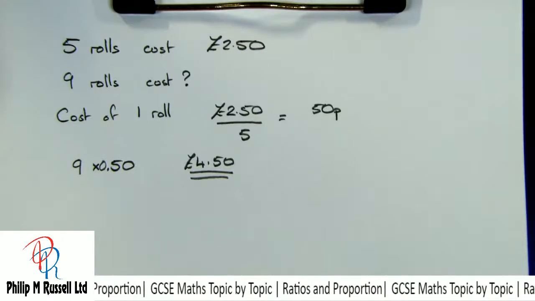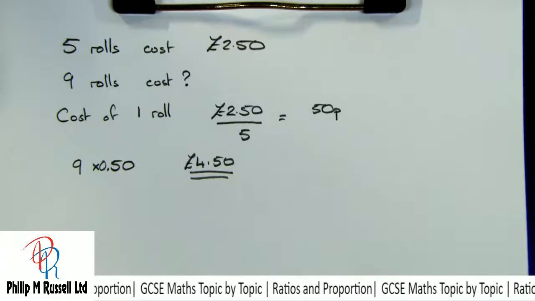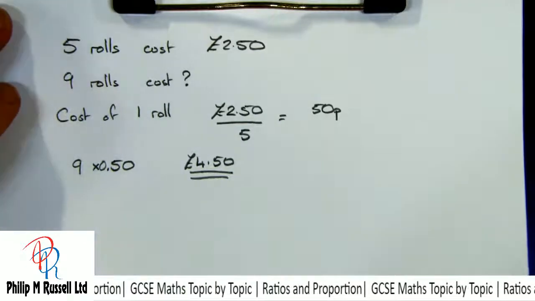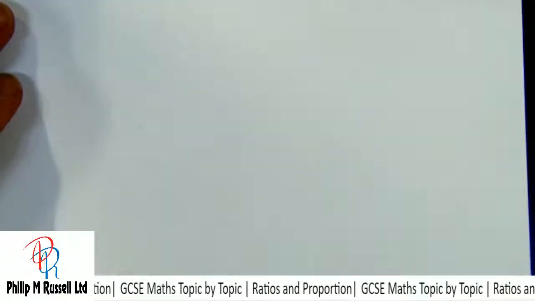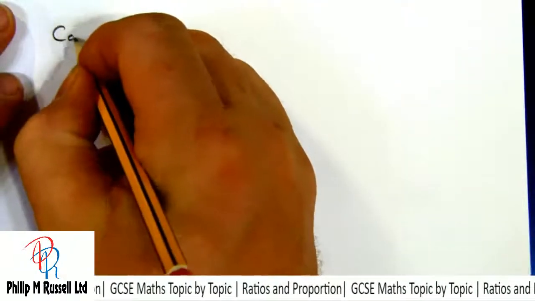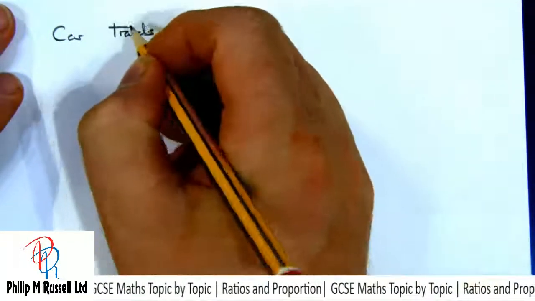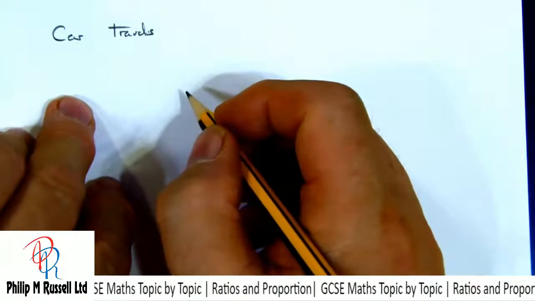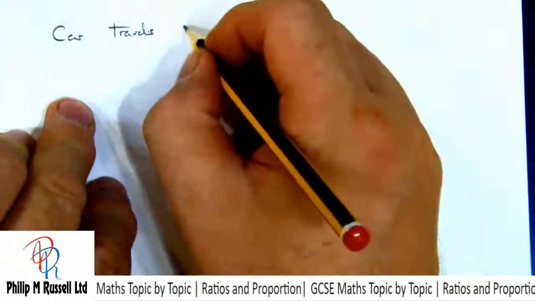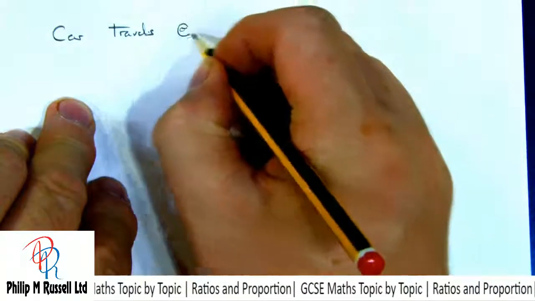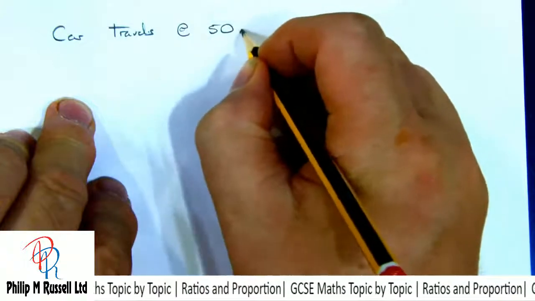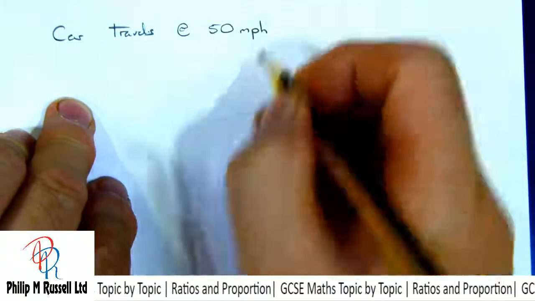Let's look at a simple one of these. We've got then a car, and a car simply here travels at 50 miles per hour.